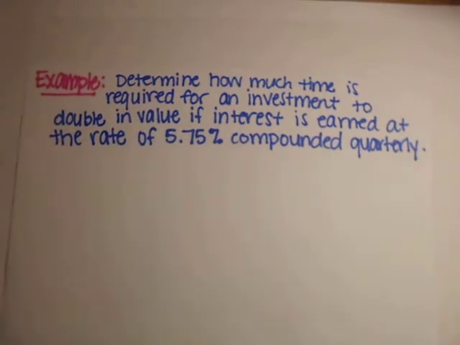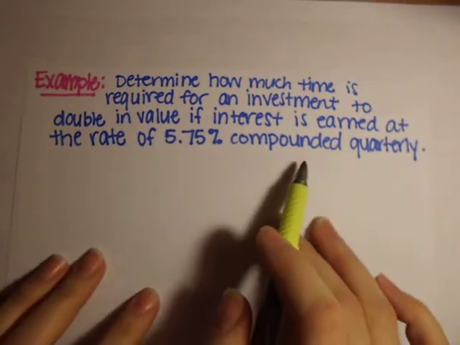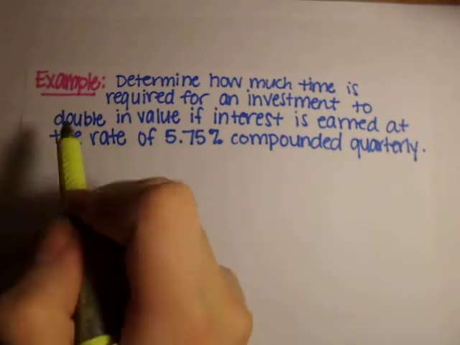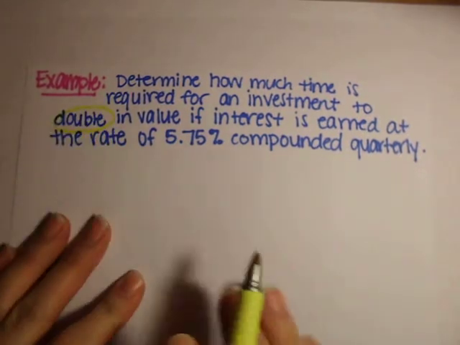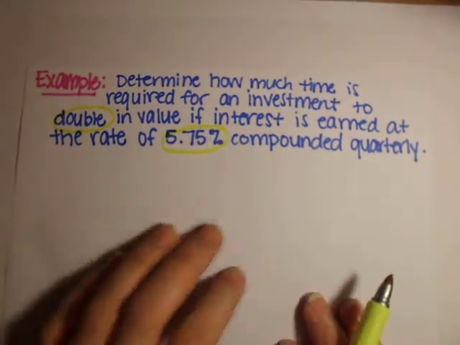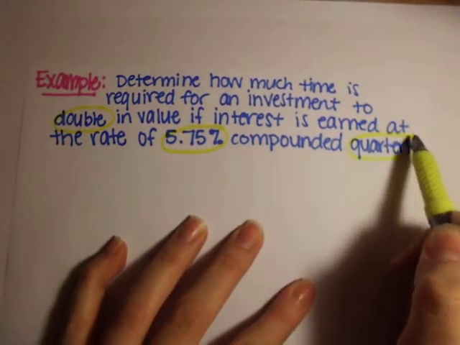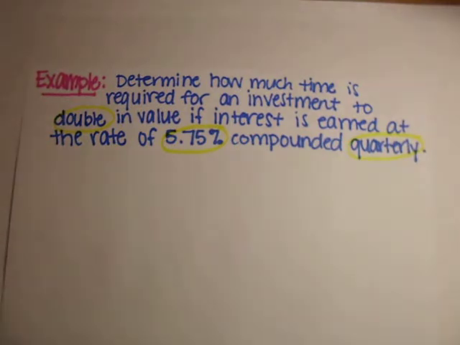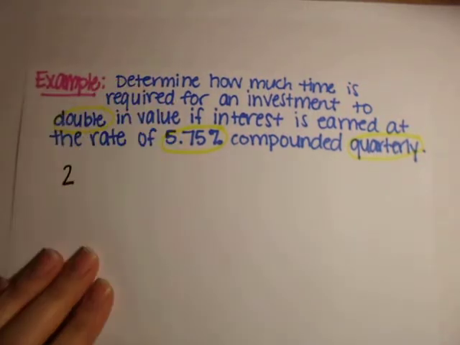Determine how much time is required for an investment to double in value if interest is earned at a rate of 5.75% compounded quarterly. So first, we want to see how much it doubles. We know our interest rate is 5.75%, and we know it's compounded quarterly. So, using our formula, we want to see when it doubles, so our final amount is 2 times our original amount.